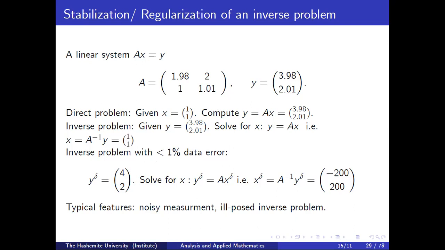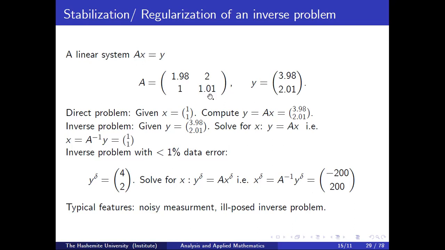Now, if you solve X equals A inverse Y delta, you will be surprised that the answer is minus 200, 200. And the exact solution is 1, 1. Look at this. A small change leads to a catastrophic answer, far from the exact solution 1, 1. So this is an ill-posed inverse problem.